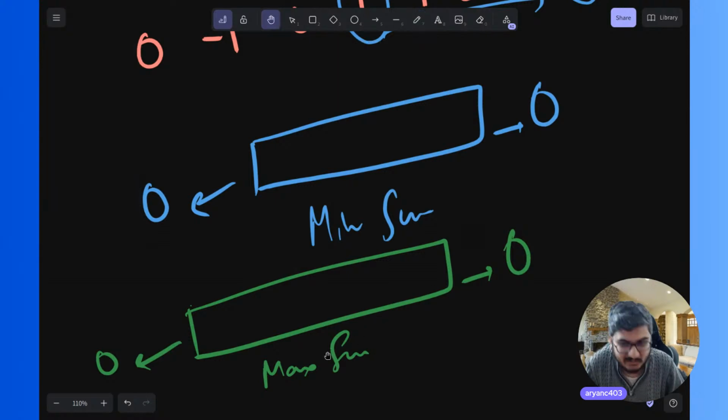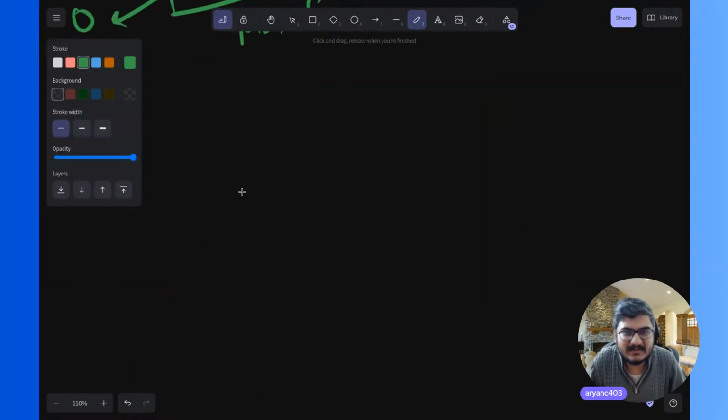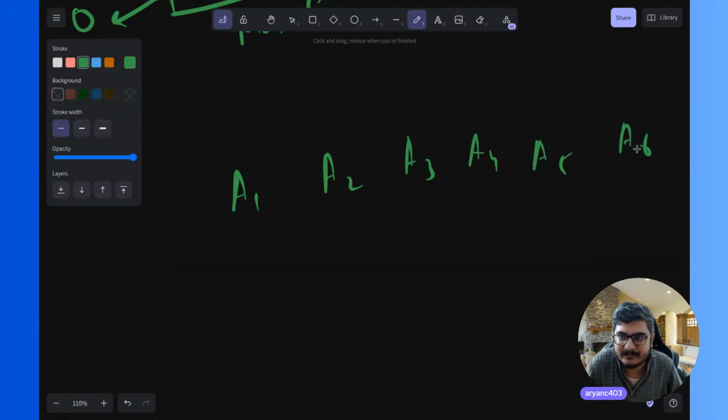Okay, now how do we find the max and min sum there? Let's revisit prefix sum once. Let's say we have this array a1, a2, a3, and so on. You can definitely use Kadane's algorithm there. Let's take values here: 1, 4, 5, 10, 6, 2.